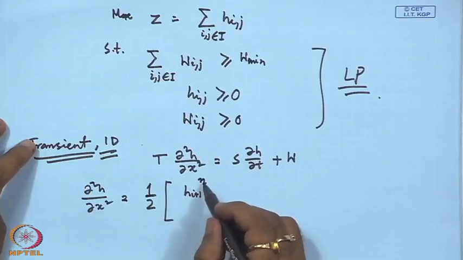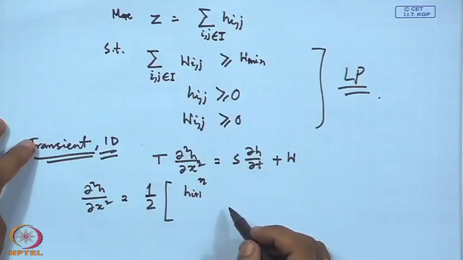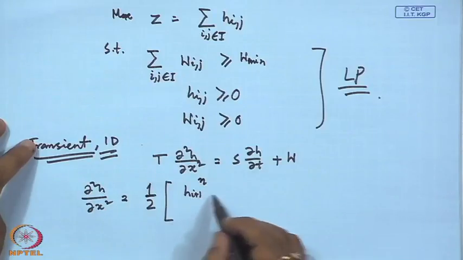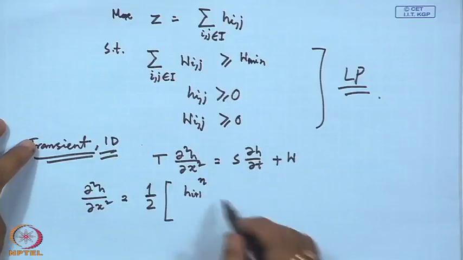Let n denote the time level and i plus 1 denote our space level.